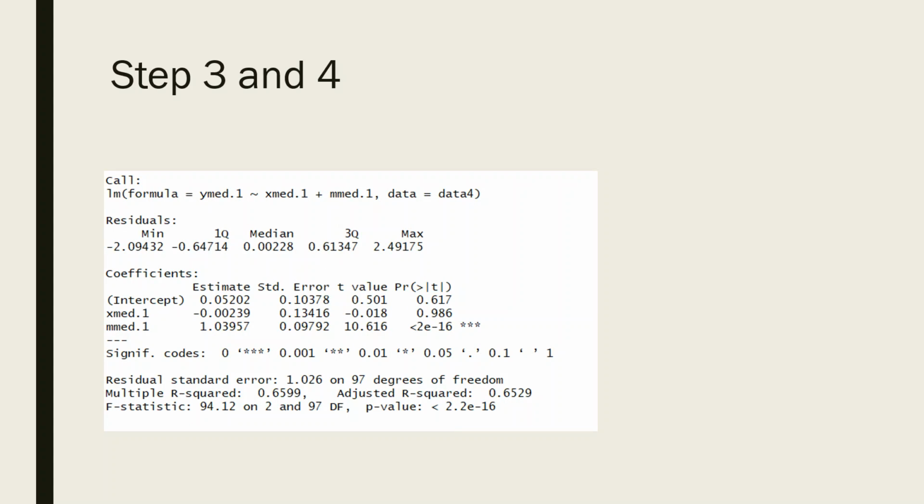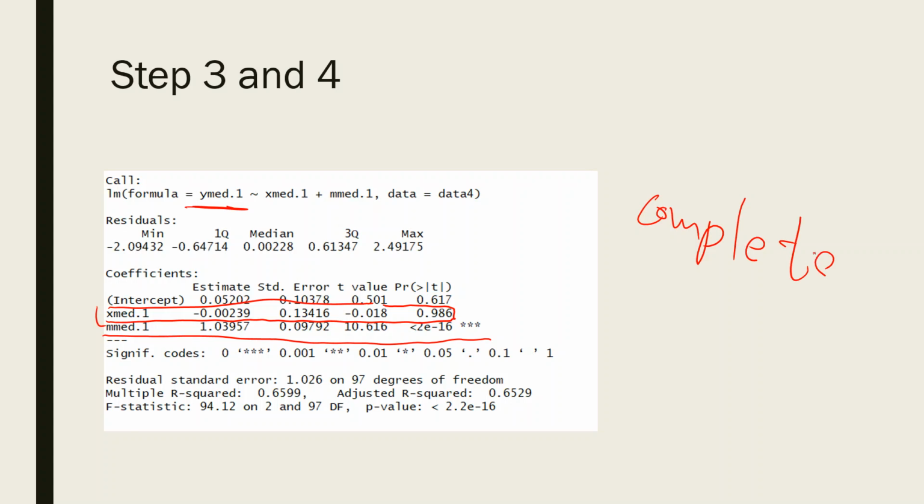With reference to step 3 and step 4, what we can see is our outcome variable is significantly related to our mediating variable, but the relationship between X and Y is not significantly different than 0, which states that this is a complete mediation model.